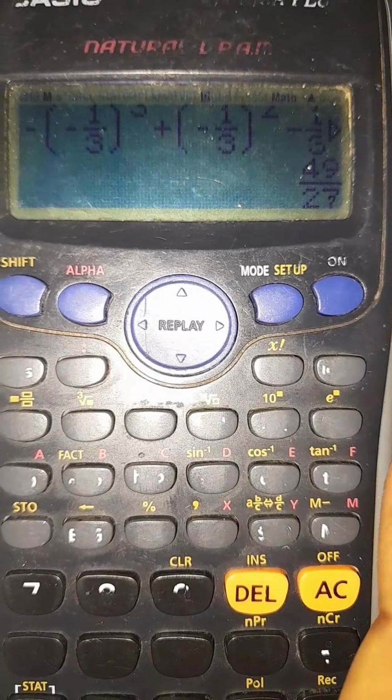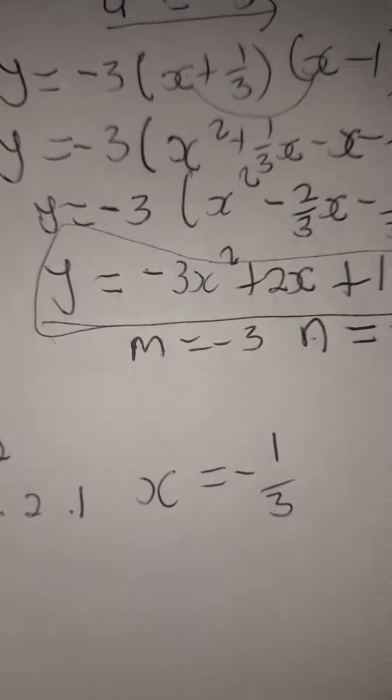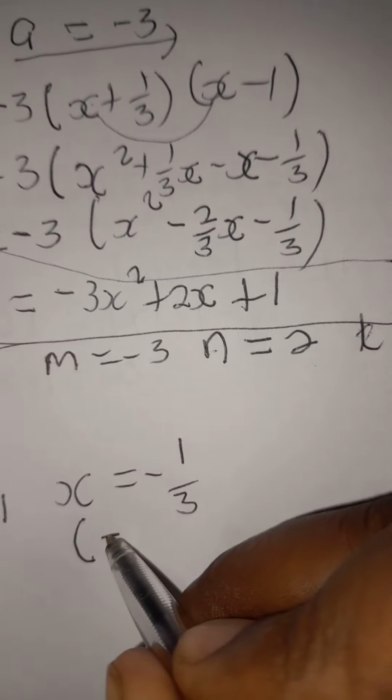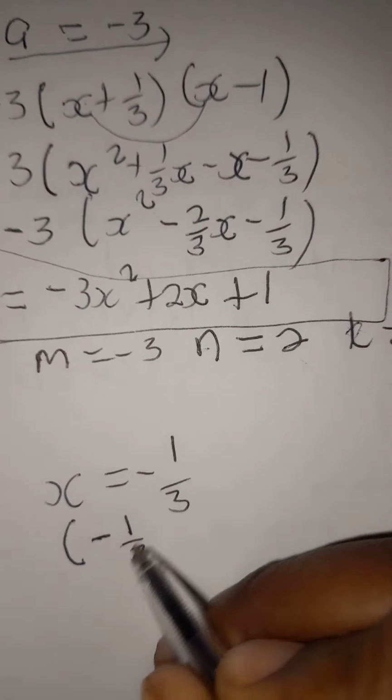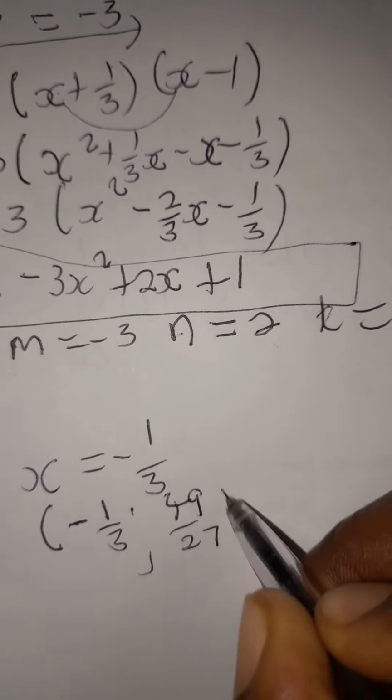Definitely it will be 49 over 27. So meaning that when x is minus 1 over 3, y will be 49 over 27.